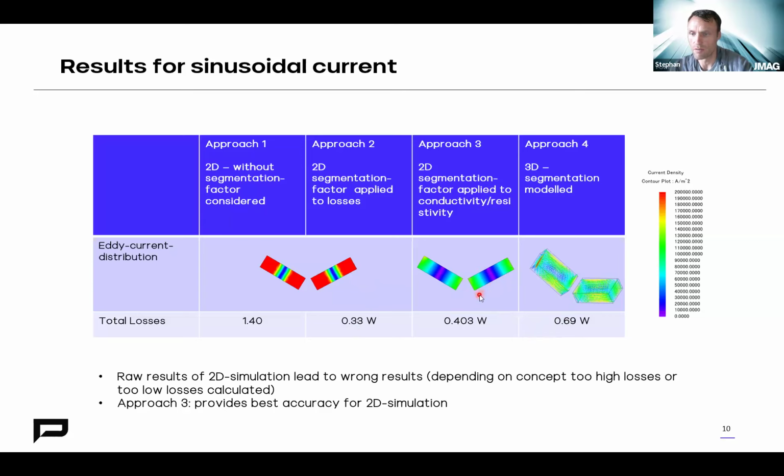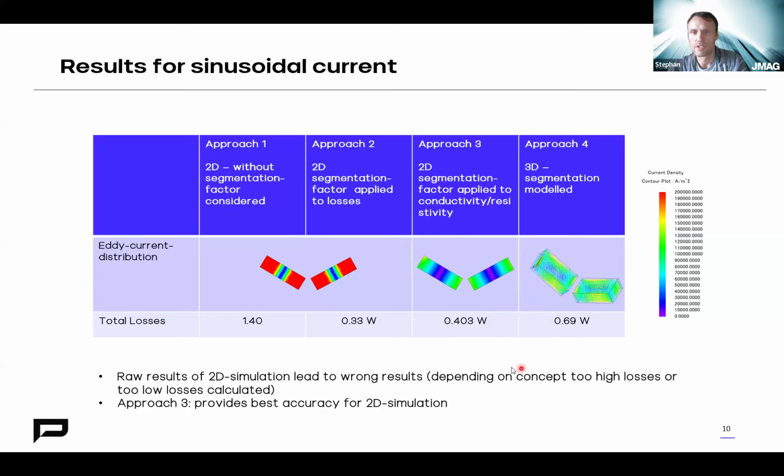And this way, on the one hand side, it reduces the eddy current density in the magnet. But on the other hand side, the resistivity is increased and it creates losses which are quite close to the 3D variant, but still lower than the 3D variant, because it cannot fully represent the correct current path as it can be represented in 3D.